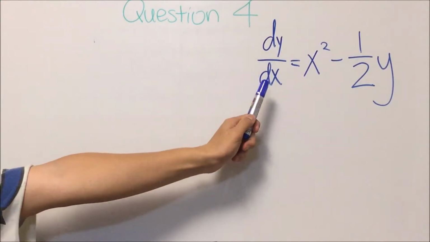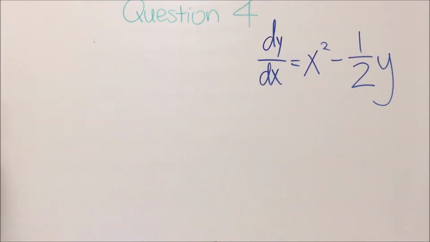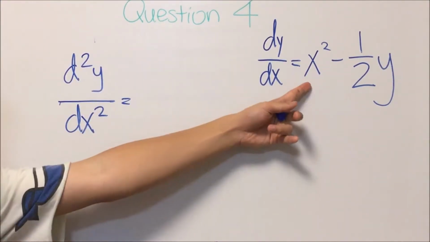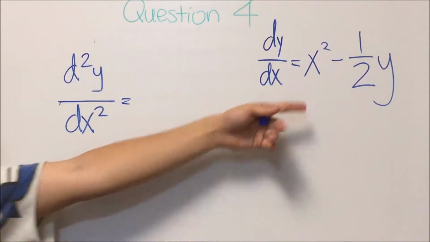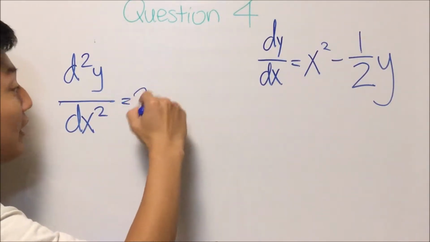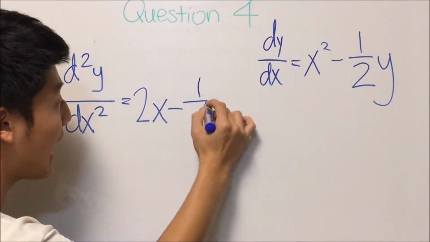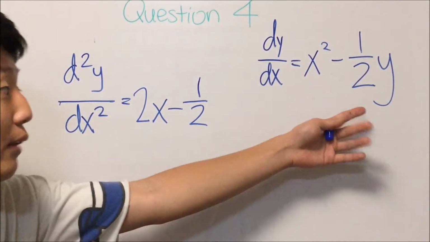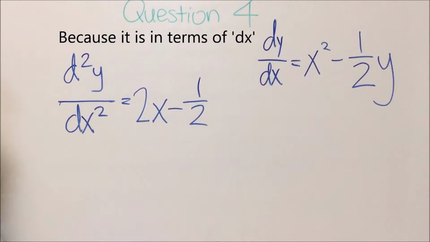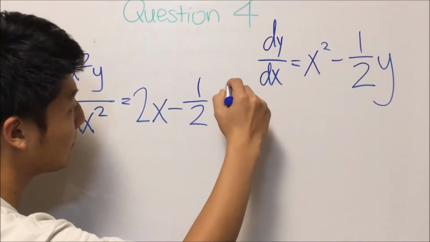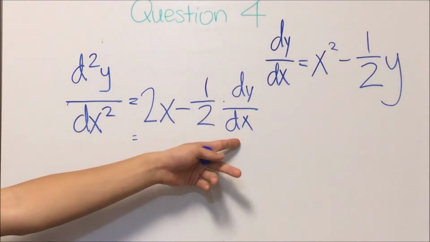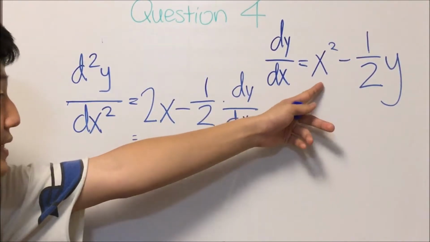dy/dx is given, and it asks us to find the second derivative. So just differentiate. What is the differentiation of x squared? 2x, minus 1/2 times dy/dx, because this is y. Don't get scared about dy/dx, because it is given by this equation.